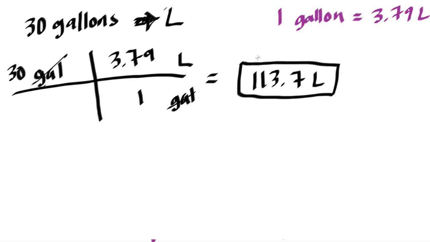All right. Let's double check everything, make sure everything looks good. So gallons, 3.79 liters. So 30 times 3.79, yep, looks good. So on to the next one.